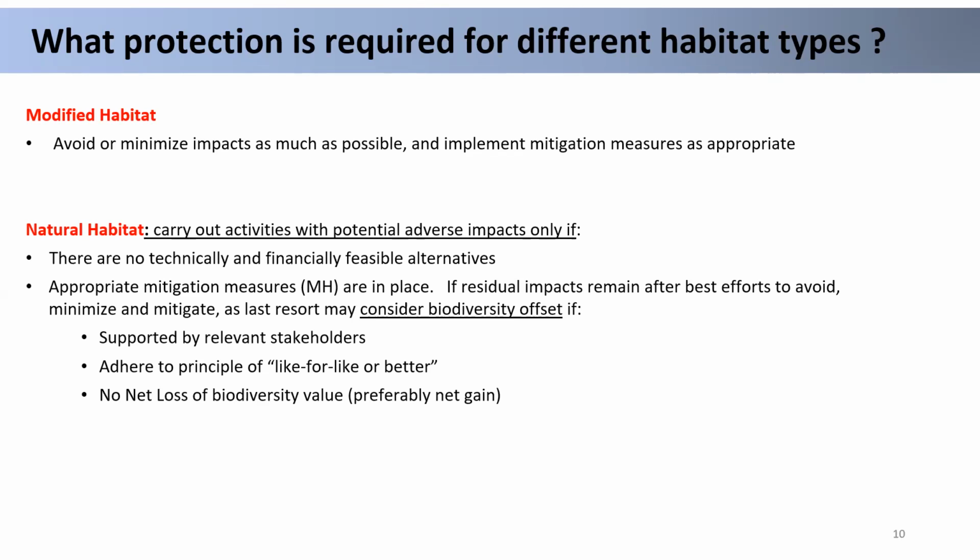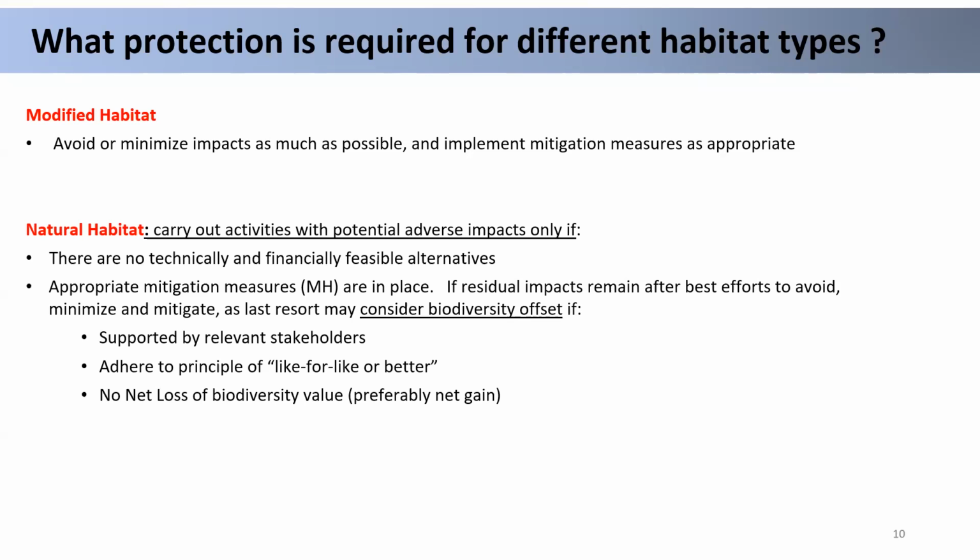When we talk about modified habitats, if we need to protect them, then what we do is avoid or minimize impacts as much as possible and implement mitigation measures as appropriate. When we have natural habitats, we carry out activities with potential adverse impact only in cases where there are no technically and financially feasible alternatives, and appropriate mitigation measures are in place.